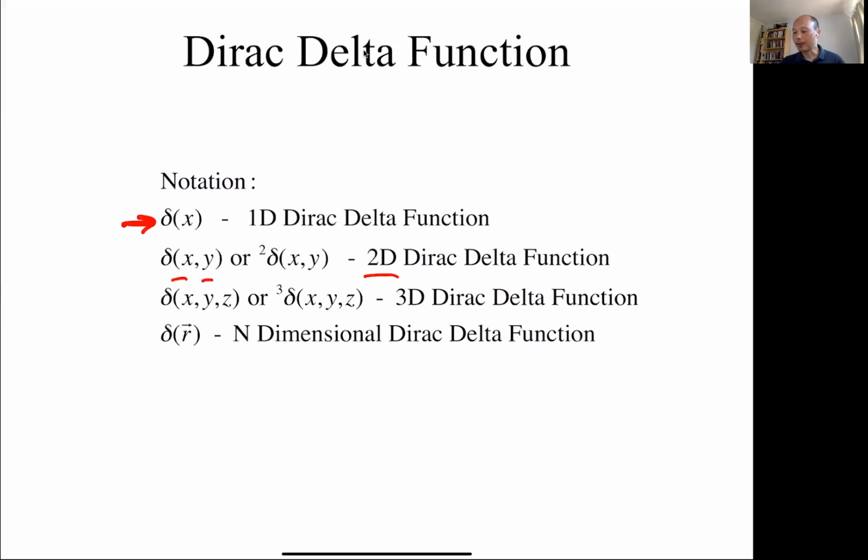Sometimes people put a little 2 in front, but in this class, we'll just use that notation. If a delta function depends on 2 variables, then it's a 2D Dirac delta function. If it depends on 3 variables, it'd be a 3D Dirac delta function, and you can also have n-dimensional Dirac delta functions. In this class, we'll stick with 1D and 2D Dirac delta functions for the most part.